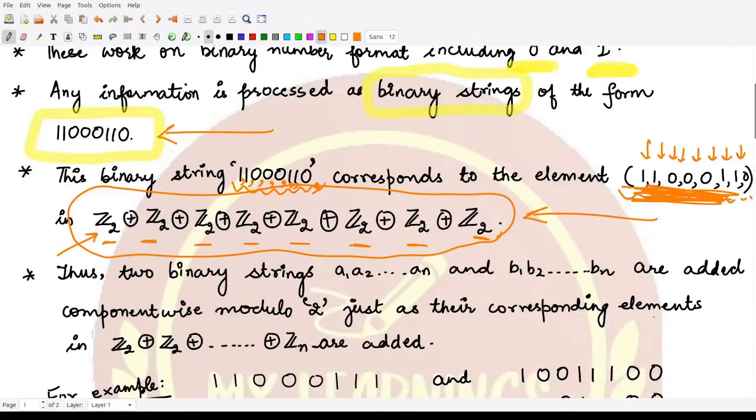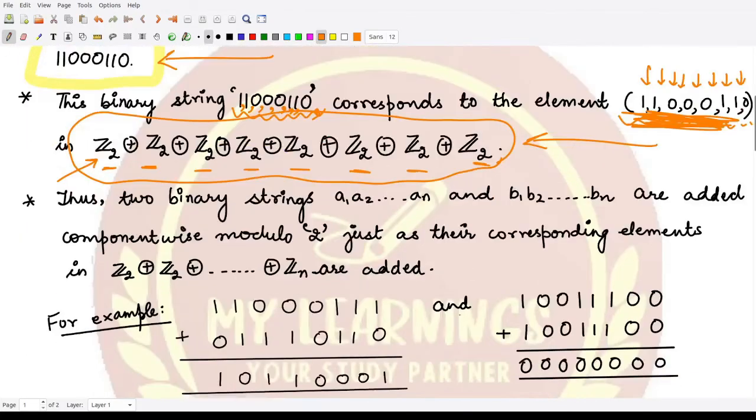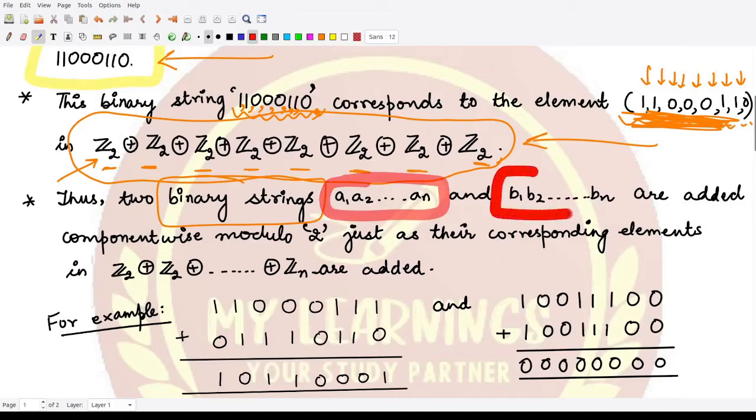If someone has learned about addition and subtraction of binary strings, then you could relate this concept very clearly. Even if you have not studied it, with the help of group theory you would be able to understand it very easily. Suppose we have two such strings, one is a1 a2 up to an, another one is b1 b2 up to bn.